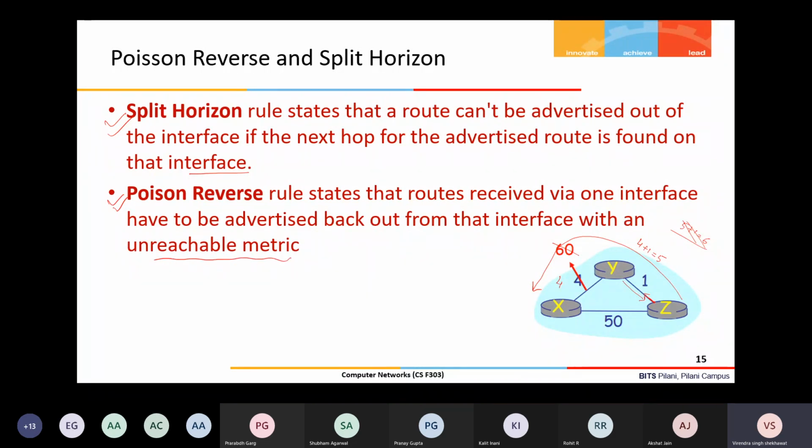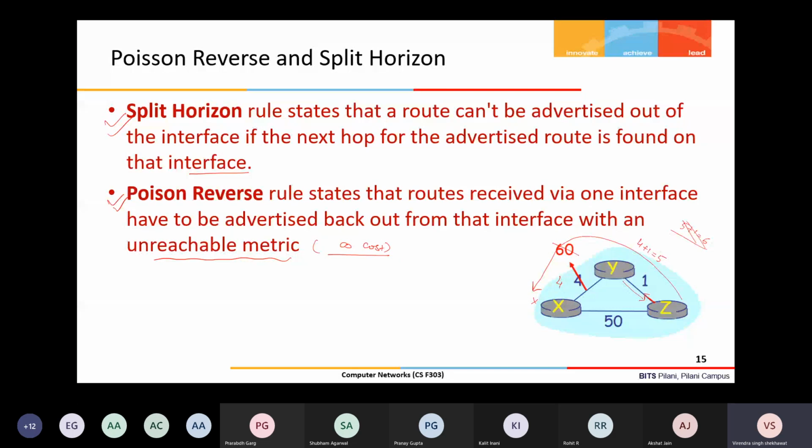So poison reverse is saying, if Z has learned a route via Y for a certain destination, in this case X, then Z can re-advertise the route back to the same interface with an unreachable metric, meaning an infinite cost. That is of no use to Y, because the infinite cost will always be higher than any other cost.